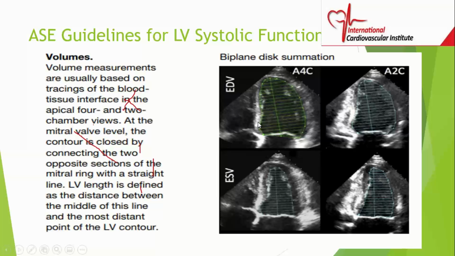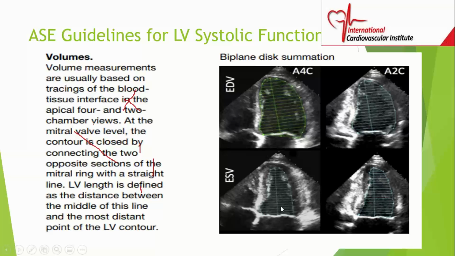No, you don't do that. You just cut straight around, and you come to this point, and the computer will join the two points. So this is the mitral valve plane, and then this length from the midpoint here to the most distal point in the apex. So that is your diastolic measurement.